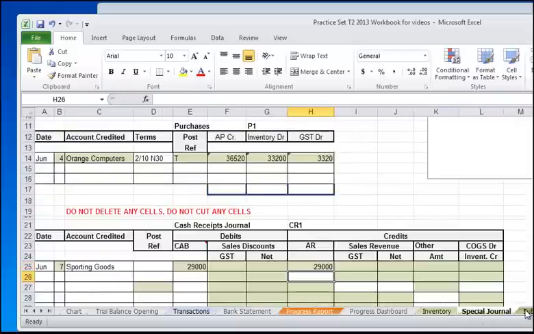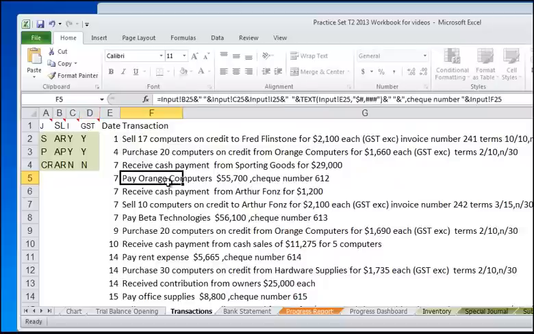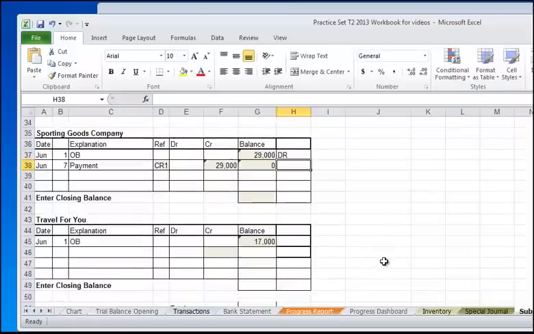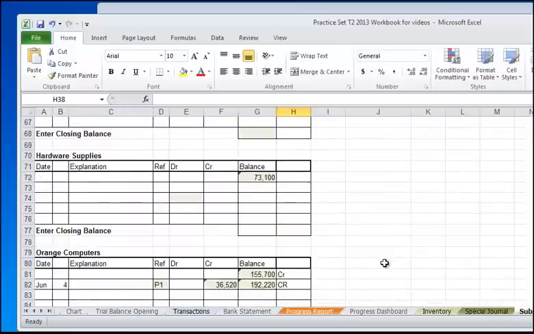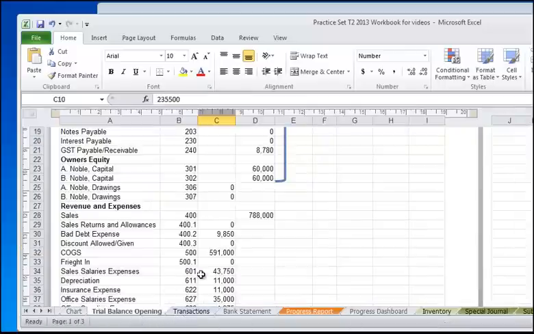Actually, let's do one more transaction. Pay Orange Computers $55,700, check number 613. Right, $55,700. Now, let me just have a look. Subsidiary ledger, Orange Computers, $55,700. Well, it looks like it's part of that payment. Let me go back and have a look at the trial balance opening.